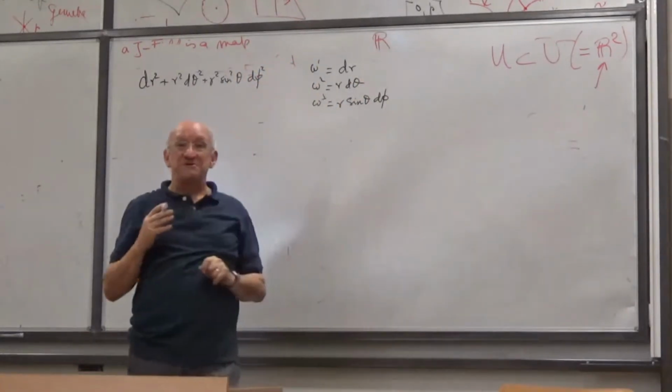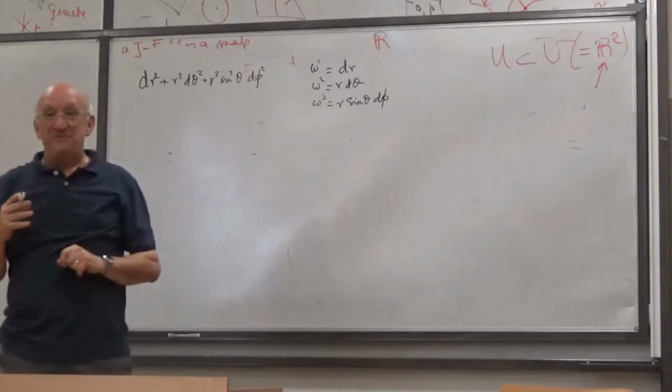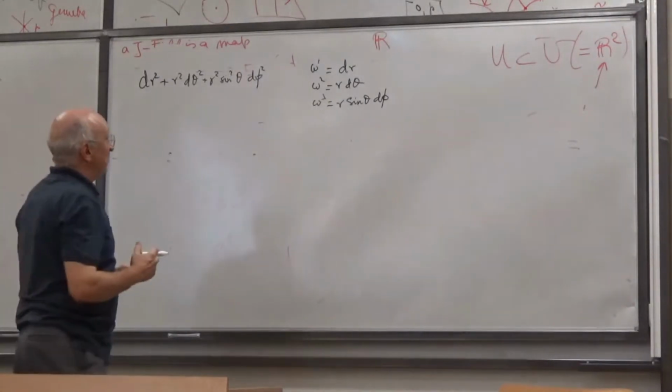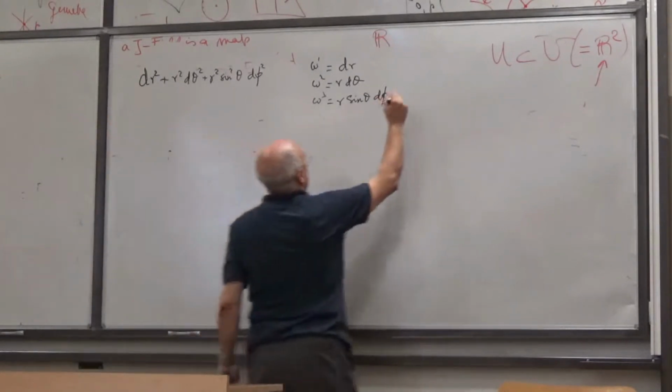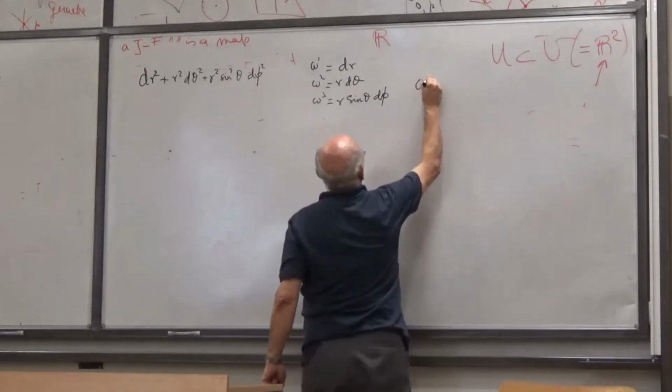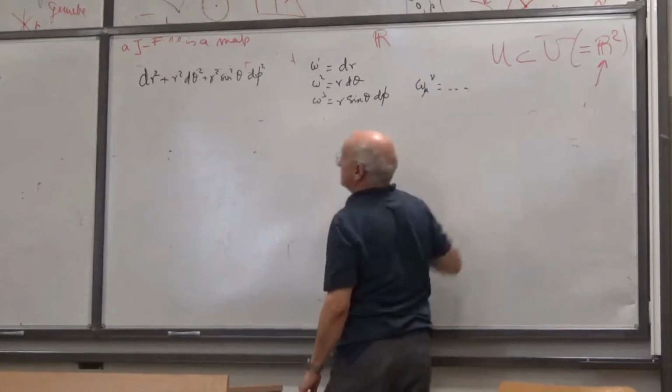But for this purpose, I don't need them because we wish to obtain our omega mu's as linear combinations.